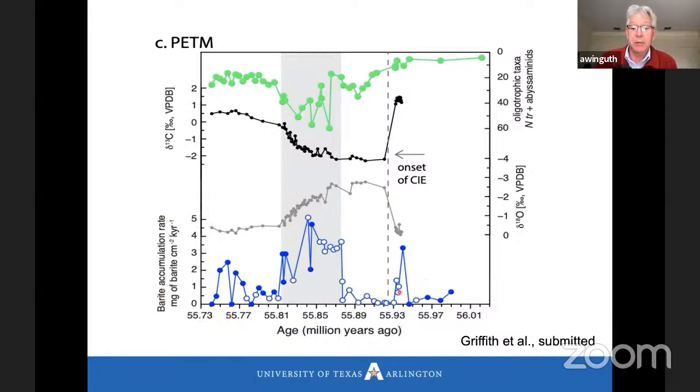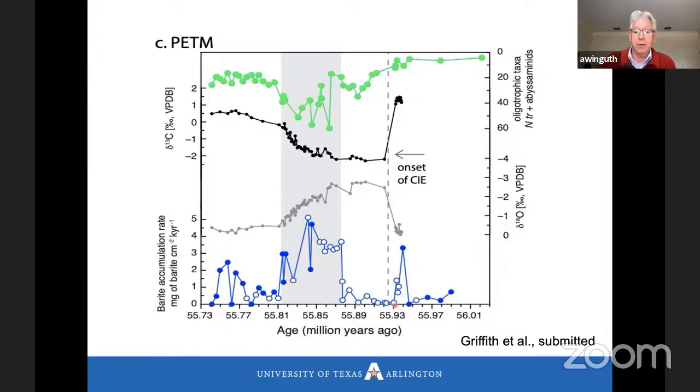And so this is the PETM record, which we showed before, so pre-PETM and PETM. Before, there was actually an increase in the barite accumulation rate, and that actually nicely matches with the oligotrophic taxa, as I explained before.